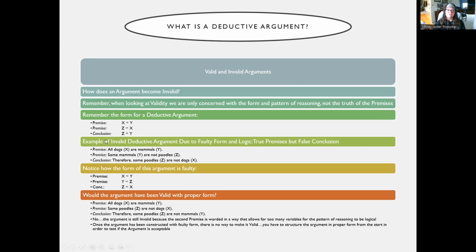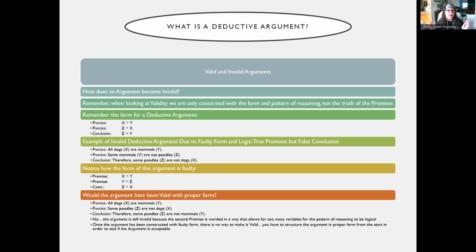But if you look at the form of this example, X equals Y, Y equals Z, Z equals X. So the second premise, the form, is faulty. It's supposed to be Z equals Y. And you think it wouldn't matter, because if Z equals Y, then Y equals Z, right?